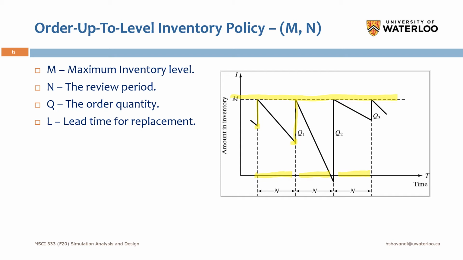And this is a policy in inventory control, and it's called the MN policy, okay? So here M is the maximum inventory level, N is the review period, so it could be a number of days or hours or weeks or months and so on. And Q is the order quantity, and L is the lead time for ordering, okay?